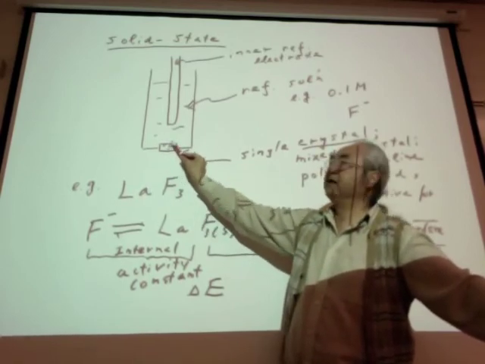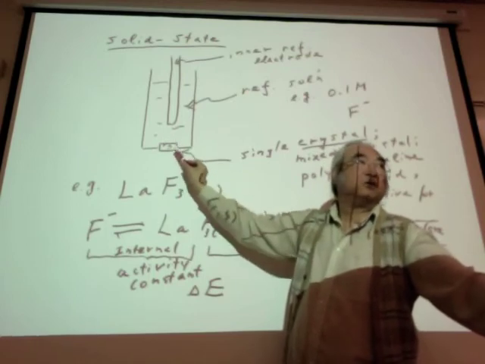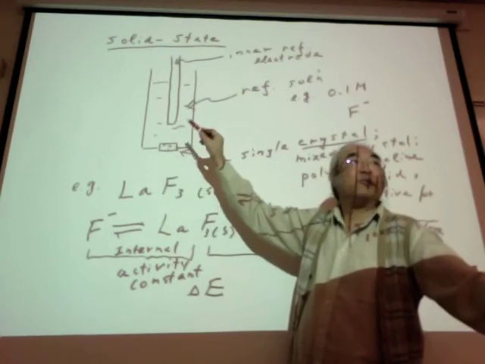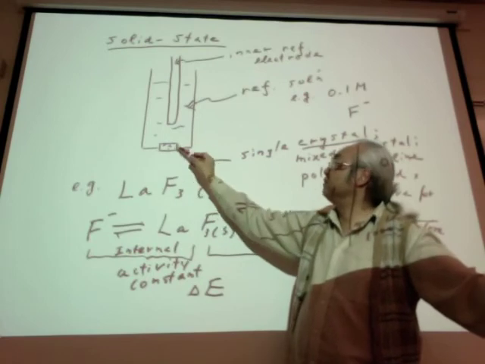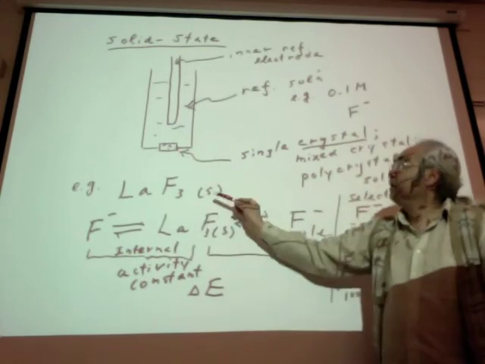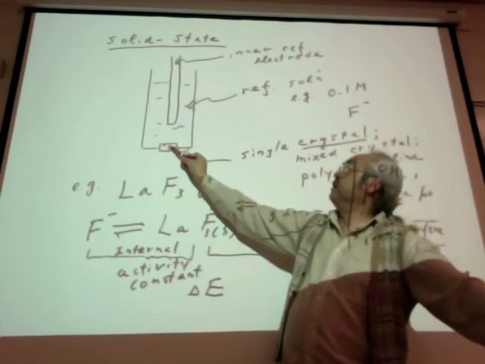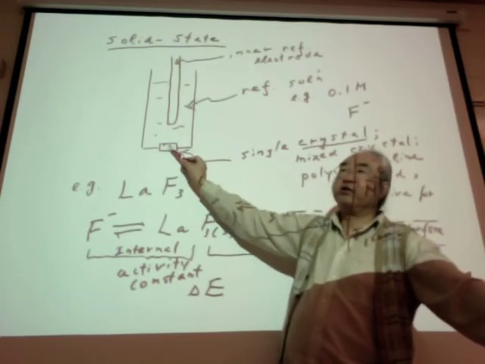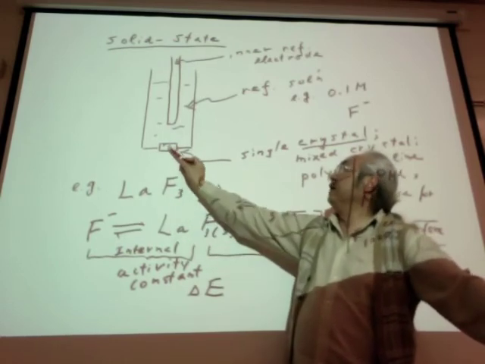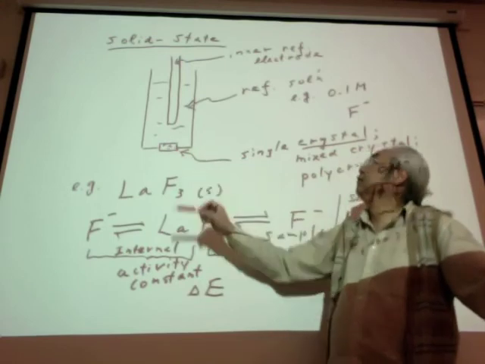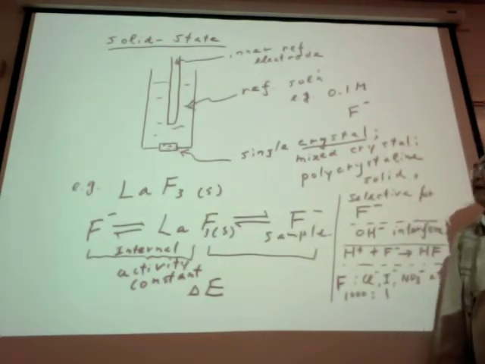You have fluoride as a medium to conduct the mobility, so it's ion mobility, so it's going to exchange, right? The fluoride, internal and external, will give you the mobility.